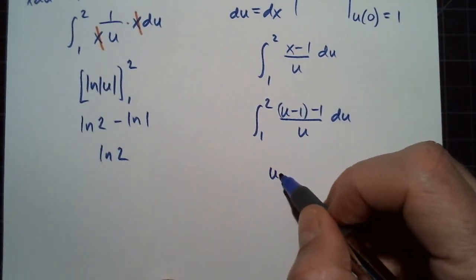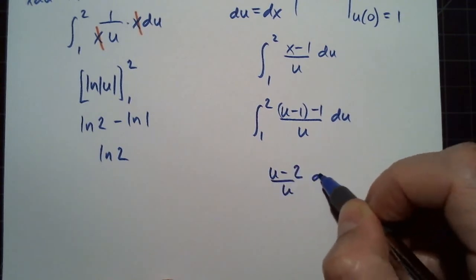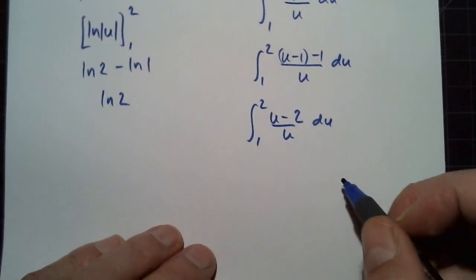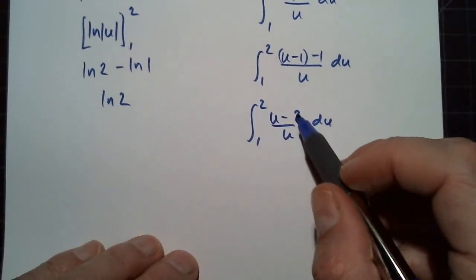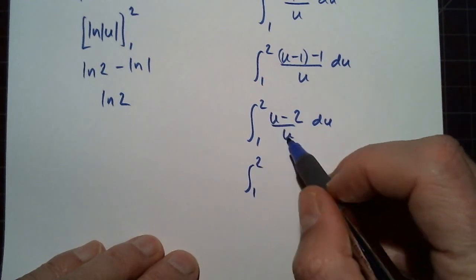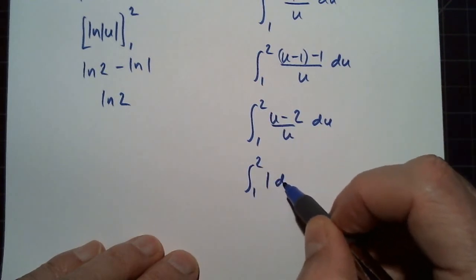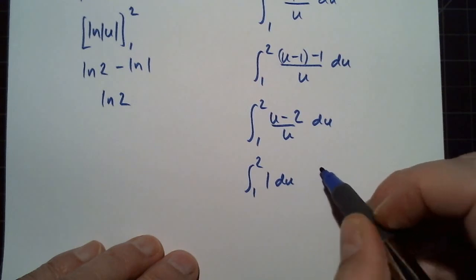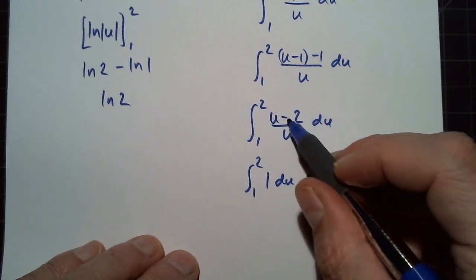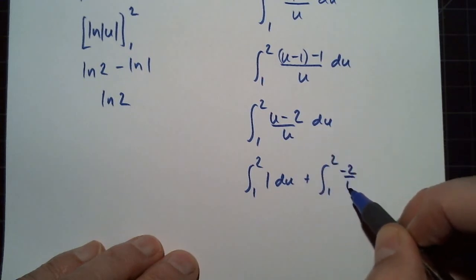And that is u minus 2 over u. And now we can separate it. U over u is 1. And then let's just have it be plus negative 2 over u.